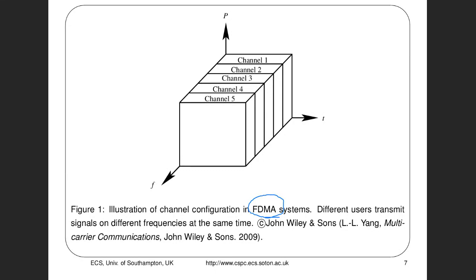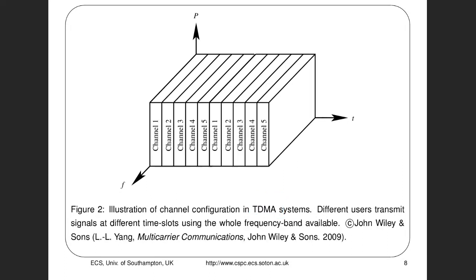They can't hear each other. They don't interfere with each other. And then TDMA is the second option, where different users are scheduled to communicate at different times. So they do not communicate all at the same time. They don't conflict, so there is no interference with each other as well.